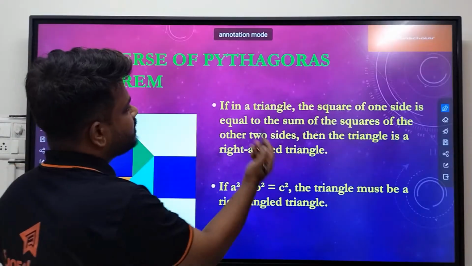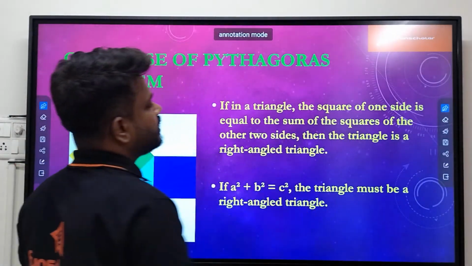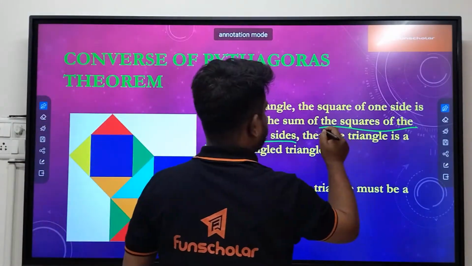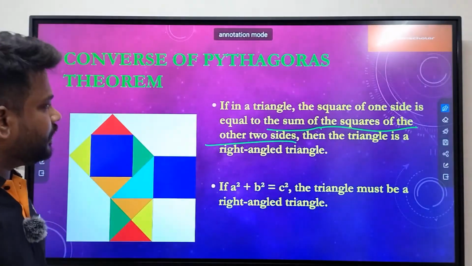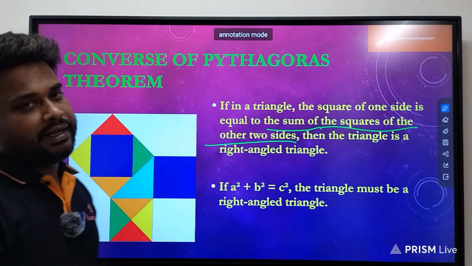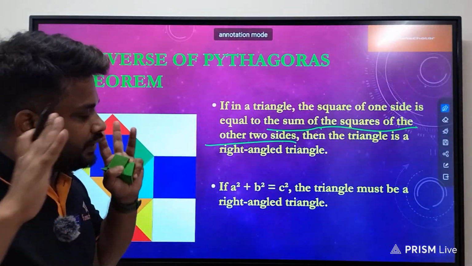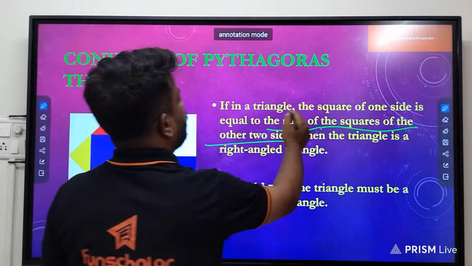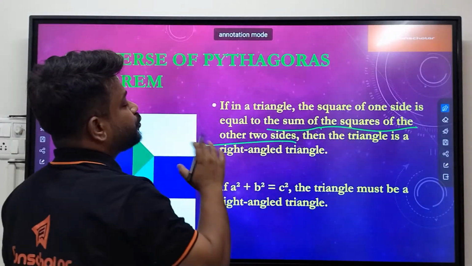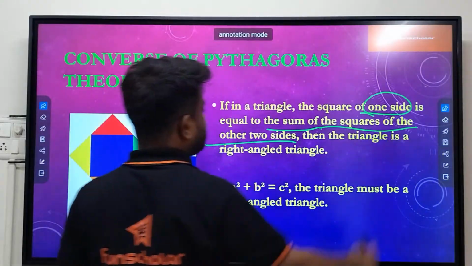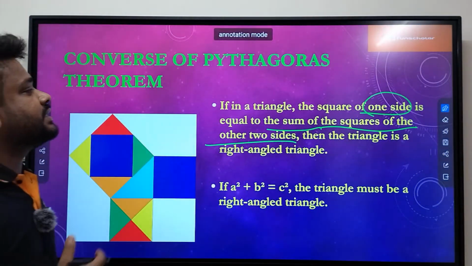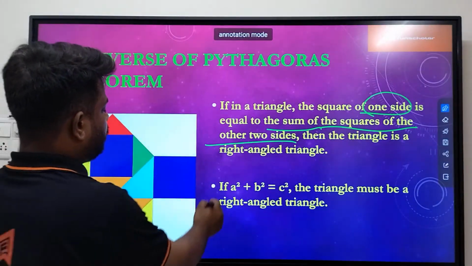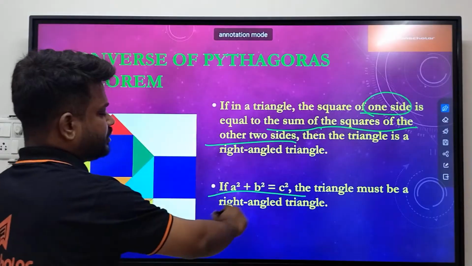If in a triangle the square of one side is equal to the sum of the squares of the other 2 sides, okay, then the triangle is a right angle triangle. Or if we tell it like this, that in a right angle triangle the square of the hypotenuse will be equal to the sum of the squares of the other 2 sides, so the triangle must be a right angle triangle.